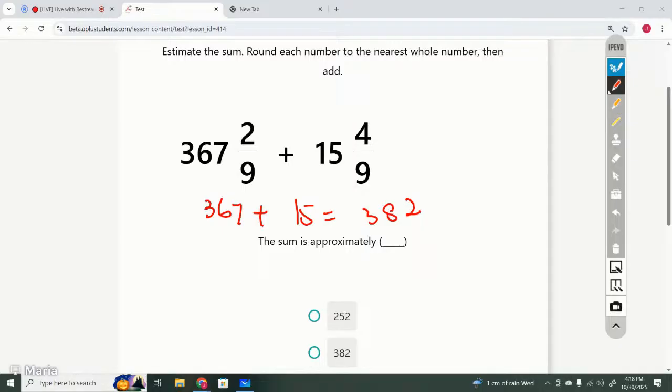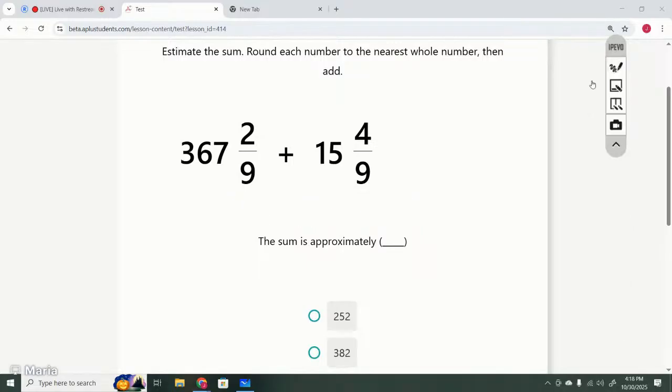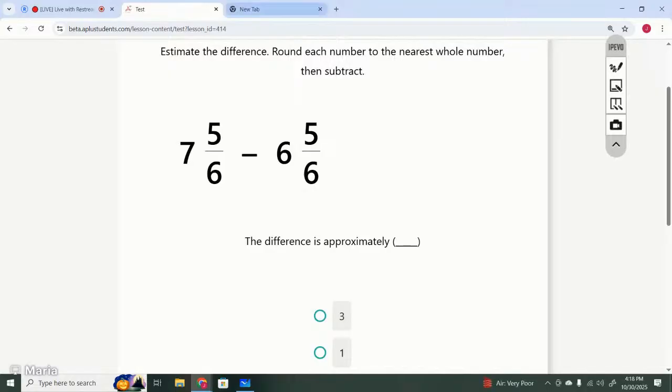That would be 382. Option number 2 is the correct option. That is 382.